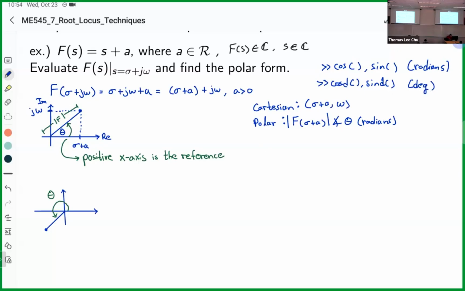And so to get the magnitude of F, it's going to be the square root of the real part squared plus the imaginary part squared. So the real part of F squared plus the imaginary part of F squared, which is going to be equal to, maybe I should write this better. Magnitude is equal to that, which is going to be equal to the square root of the real part, sigma plus A, squared plus omega squared.